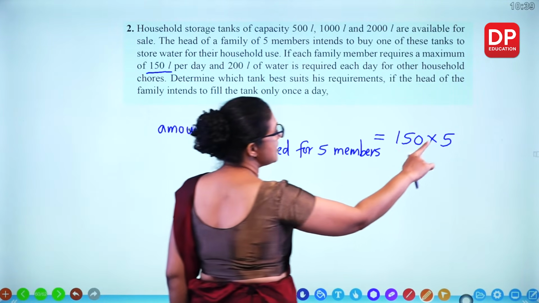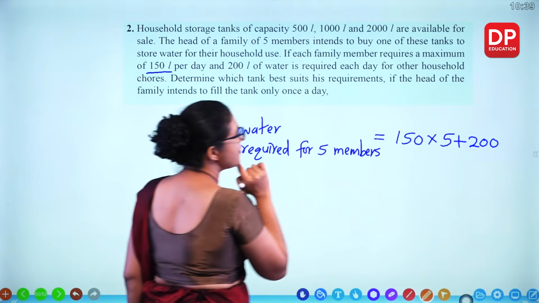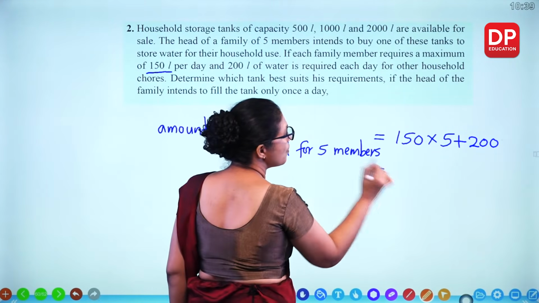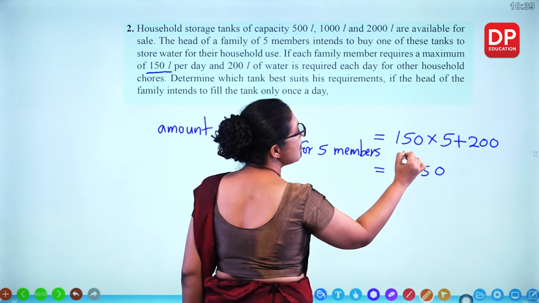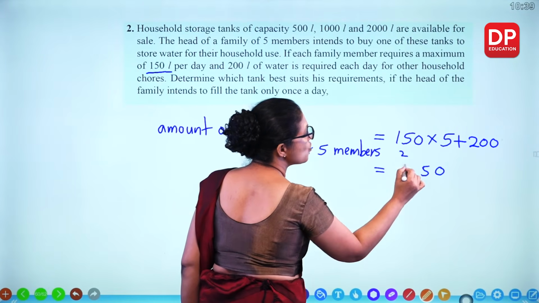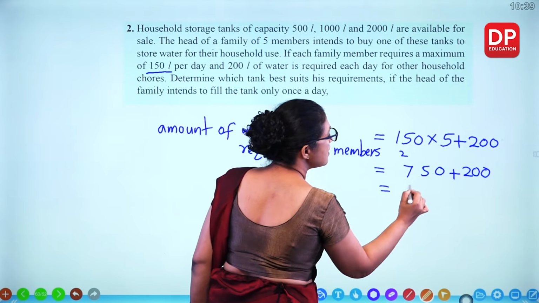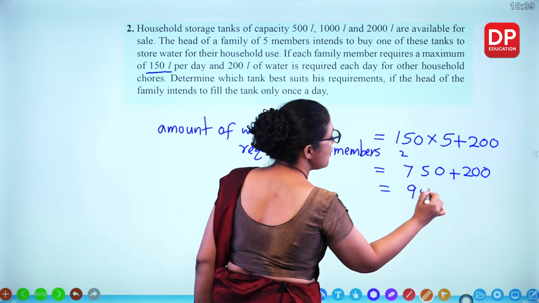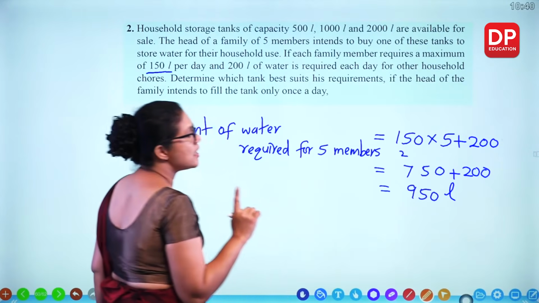So that means we have to add that value also to this one, 200 extra. So multiply and see. 5 times 0, 25. 5 times 1, 5 plus 2, 7. And 200, you need 950 liters per day.